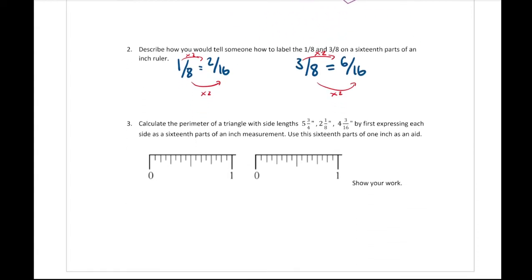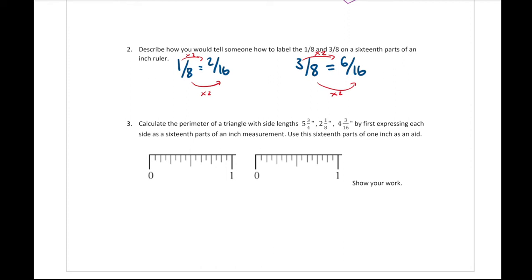Here we're going to calculate the perimeter of a triangle with side lengths 5 3/4 of an inch, 2 1/8 of an inch, and 4 3/16 of an inch by first expressing each side as a 16th part of an inch measurement.